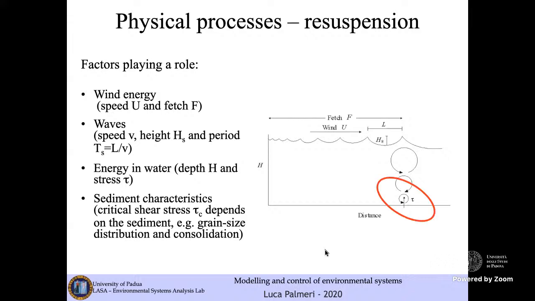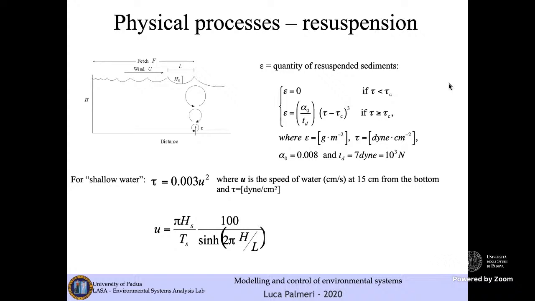How do we formalize this model mathematically? We start by introducing a quantity, epsilon, the quantity of resuspended sediments. The quantity of resuspended sediment will be zero until the shear stress, so the stress generated by wind through the gyres that propagates from the water surface down to the water bottom, reaches the critical value.